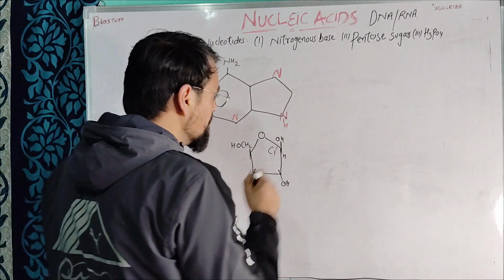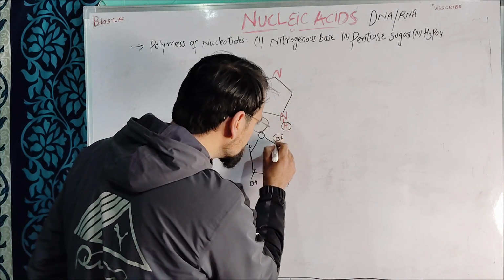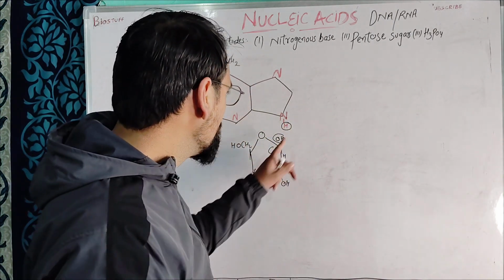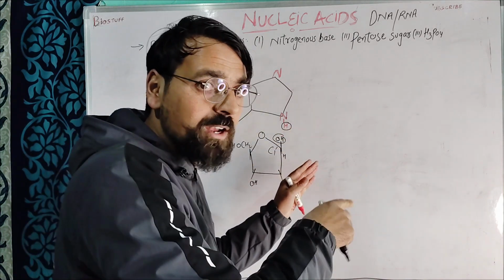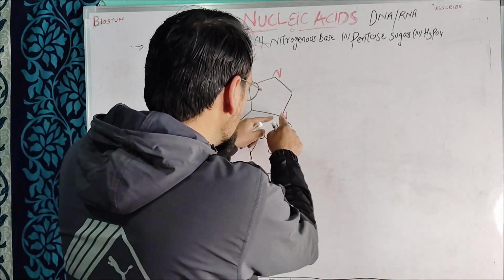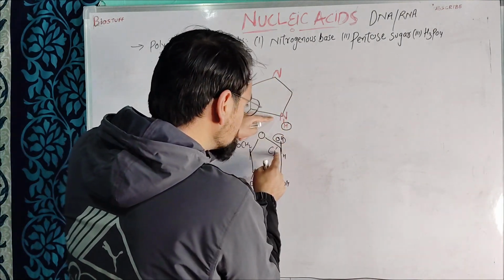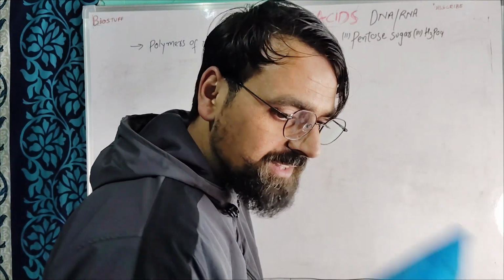See, H from here and OH from here, it makes a water molecule. So the water molecule is removed, and there is a formation of a bond between position number 9 and carbon 1 prime. So I can show it like this.